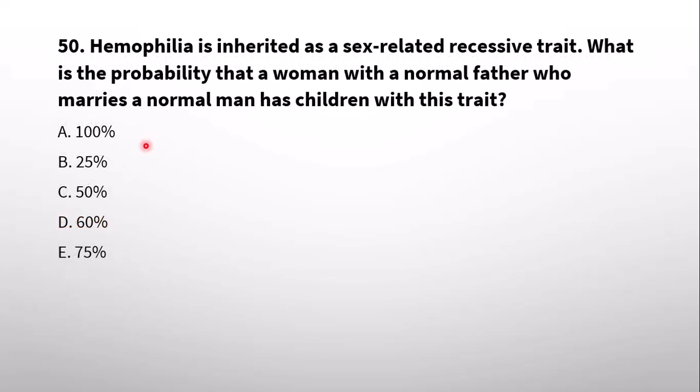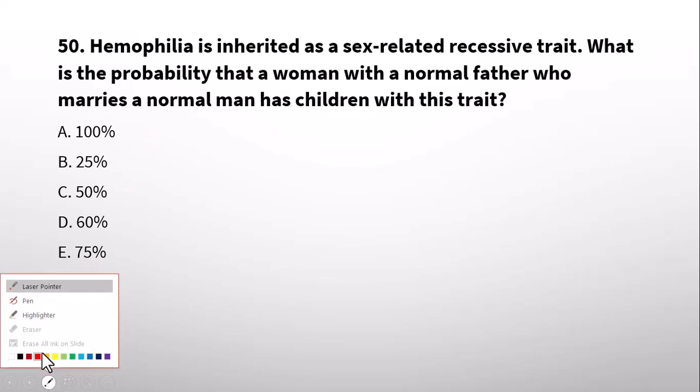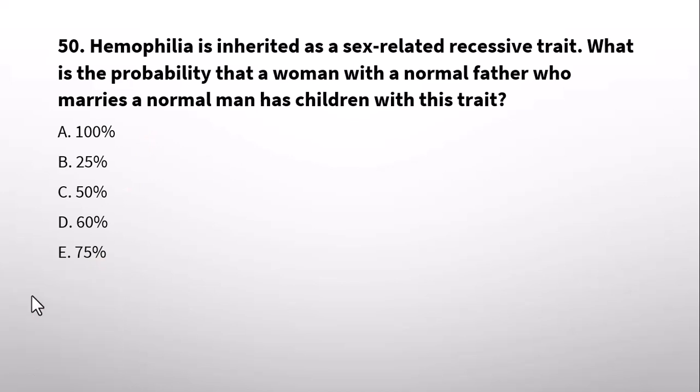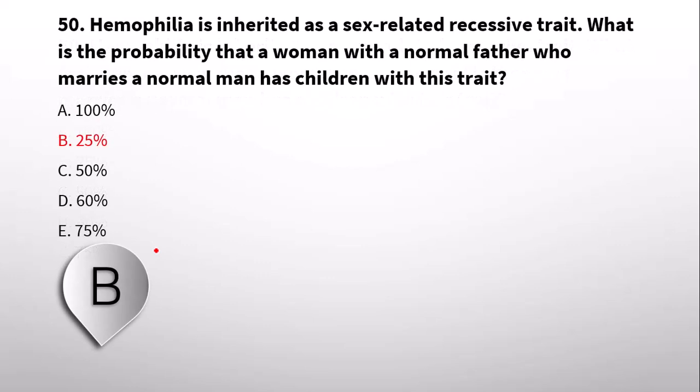50. Hemophilia is inherited as a sex-related recessive trait. Let me get a pen because I feel I have to solve a bit. What's the probability that a woman with a normal father who marries a normal man has children with this trait? Well, we go with 25%. Now, a woman who marries a normal man.